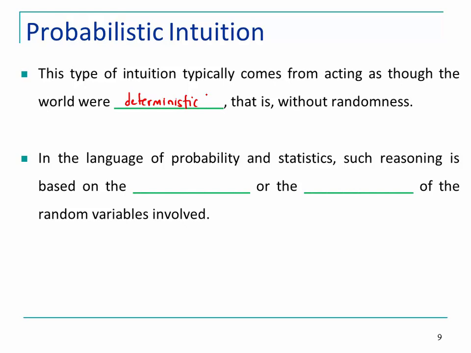In the language of probability and statistics, such reasoning is based on the first moment, or the mean, or average, of the random variables involved.